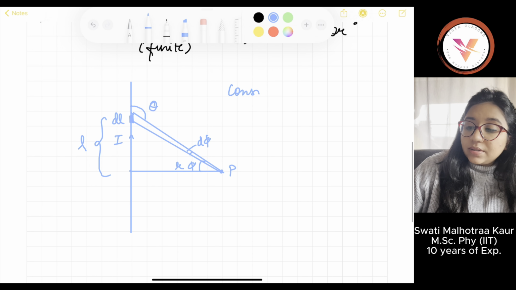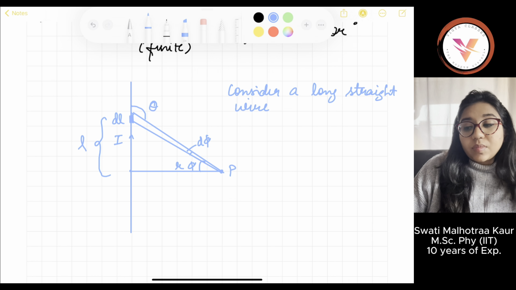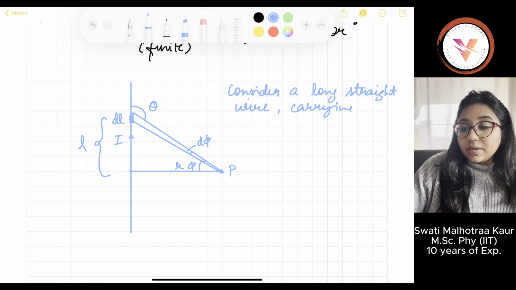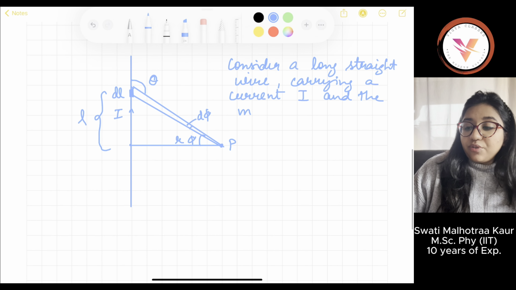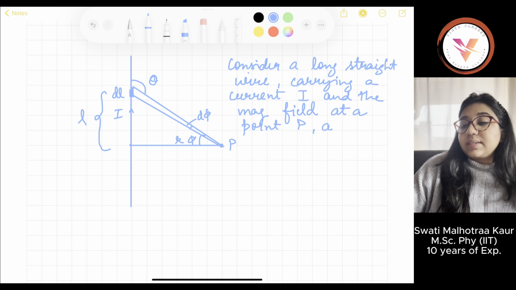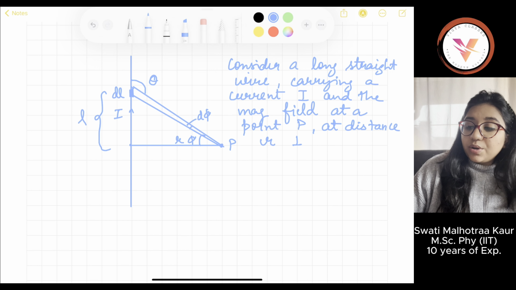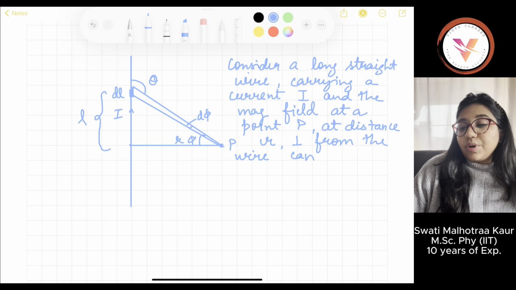So consider a long straight wire carrying a current I, and the magnetic field at a point P, at distance r perpendicular from the wire, can be calculated using Biot-Savart's law.